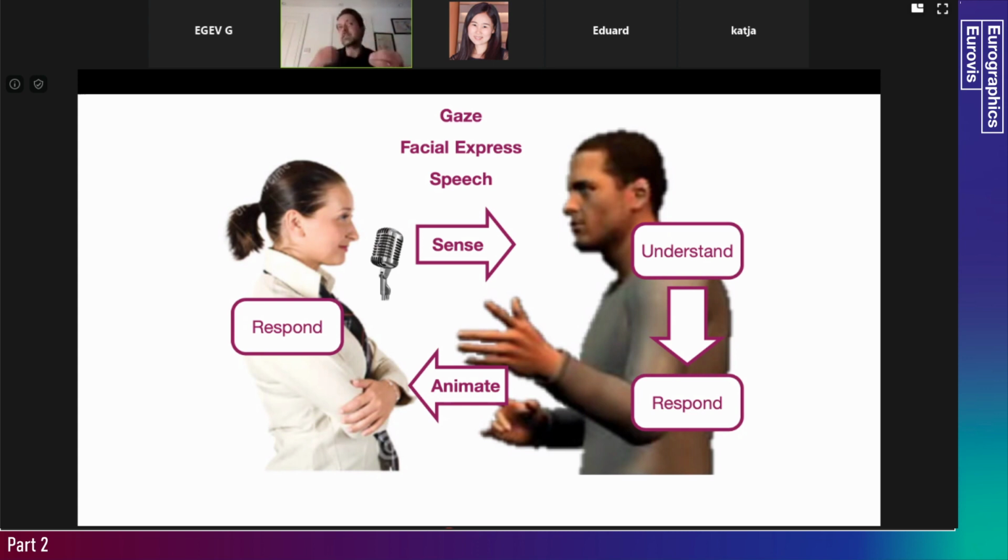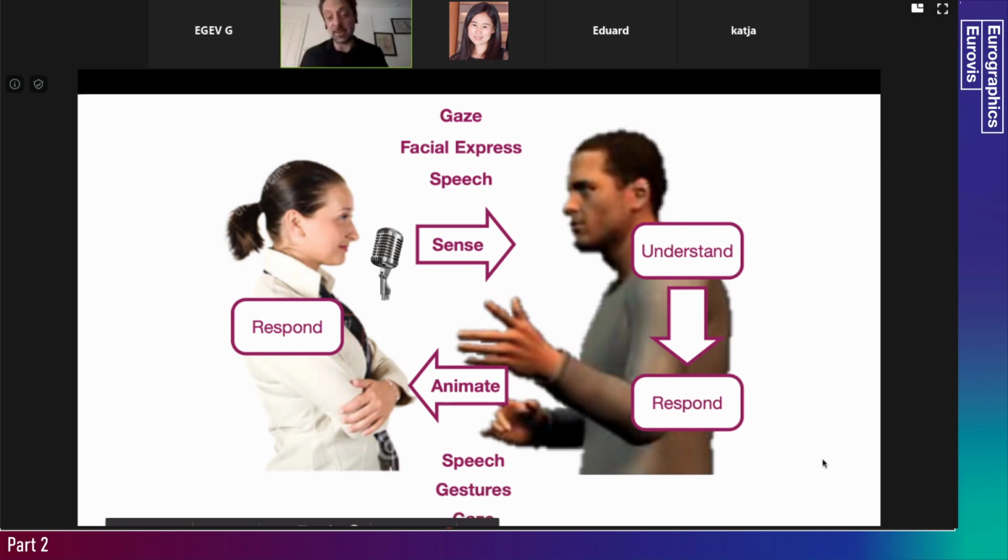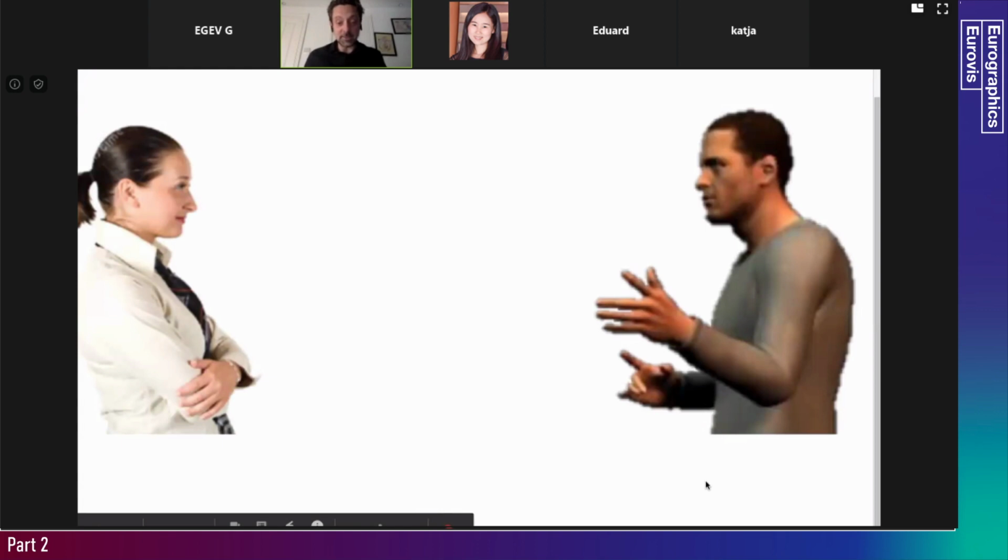Which means that we're effectively having some kind of predictive model of what's going on. And non-verbal behavior is very important there, and gaze is a very key part of that. And what we're generating is speech, but also gestures, which are very closely connected to speech, and also other features like gaze.